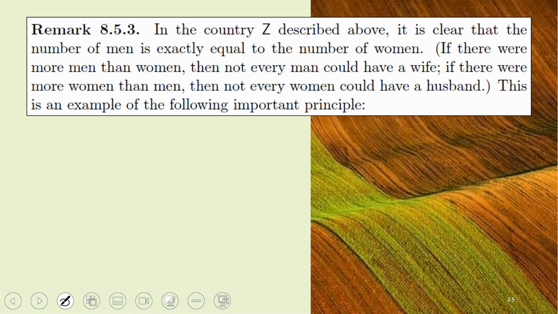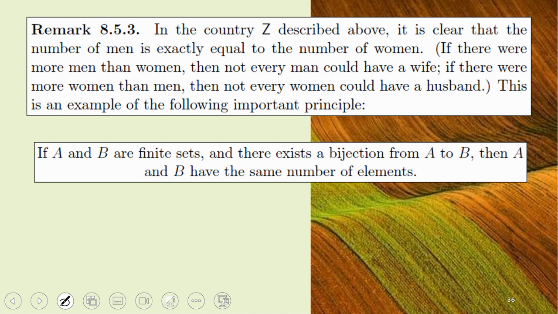In the country Z described above, it is clear that the number of men is exactly equal to the number of women. If there were more men than women, then not every man could have a wife. If there were more women than men, then not every woman could have a husband. This is an example of the following important principle.